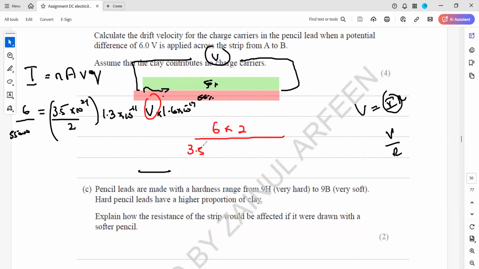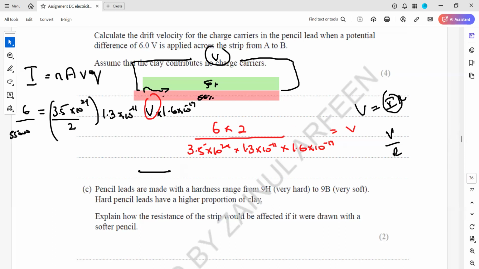So it will be 3.5 into 10 to the power 24 times 1.3 into 10 to the power minus 11, the area, times the charge of one electron, 1.6 into 10 to the power minus 19. That will give us the drift speed of the particles, the speed at which the particles will move through this.